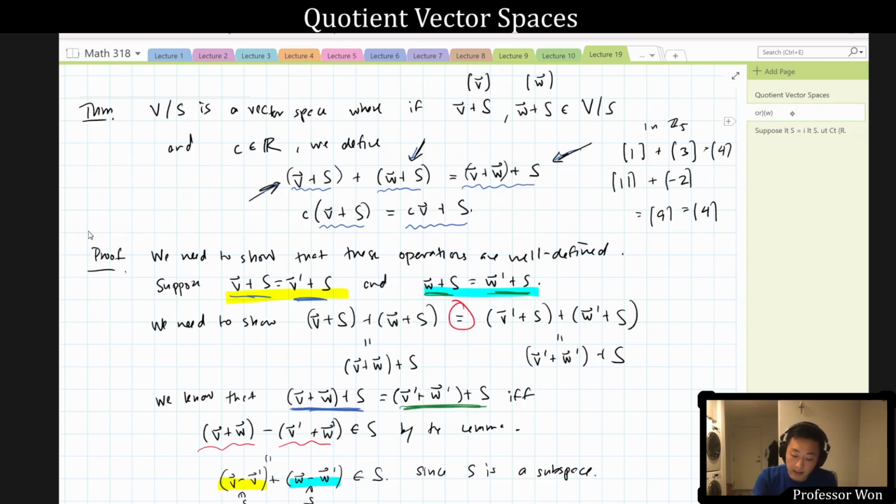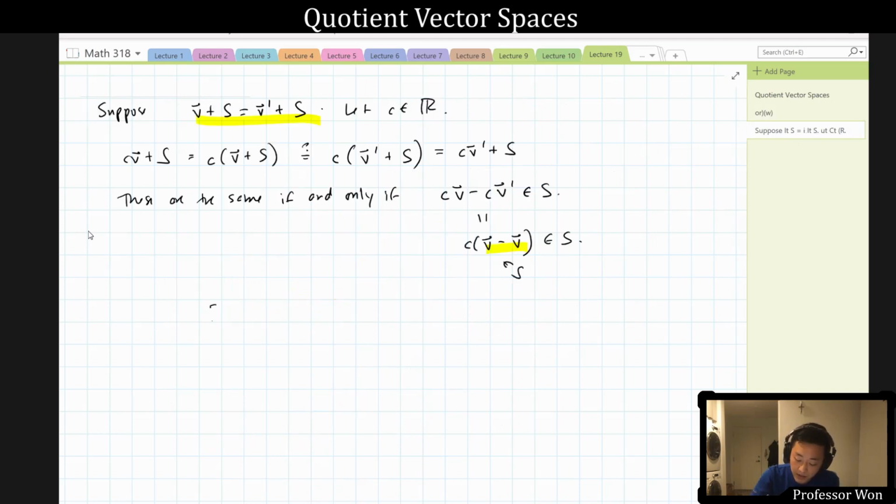Now, I think that it's better to use the notation v plus S and w plus S to remind yourself of the difference between a vector in V and an entire plane containing that vector. But another way to write this theorem is to say that if you take the equivalence class of v and w in V, then the equivalence class of v plus the equivalence class of w gives you the equivalence class of v plus w.